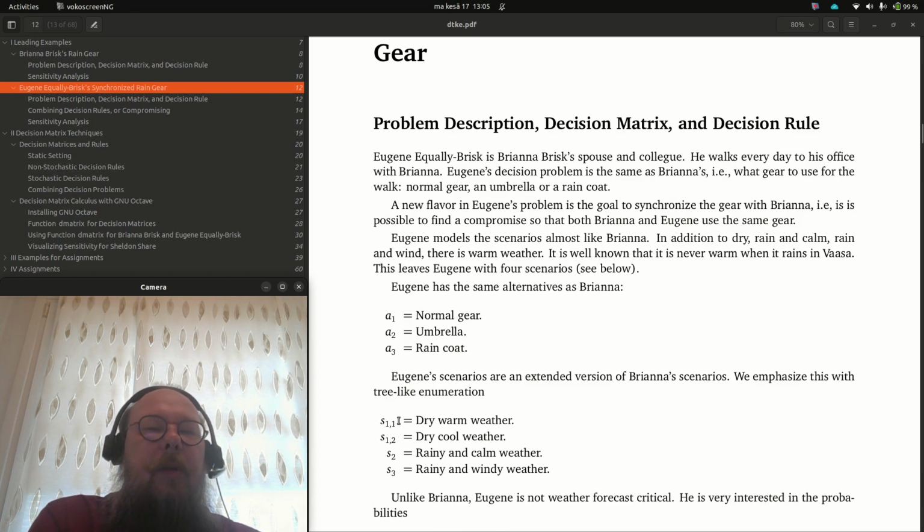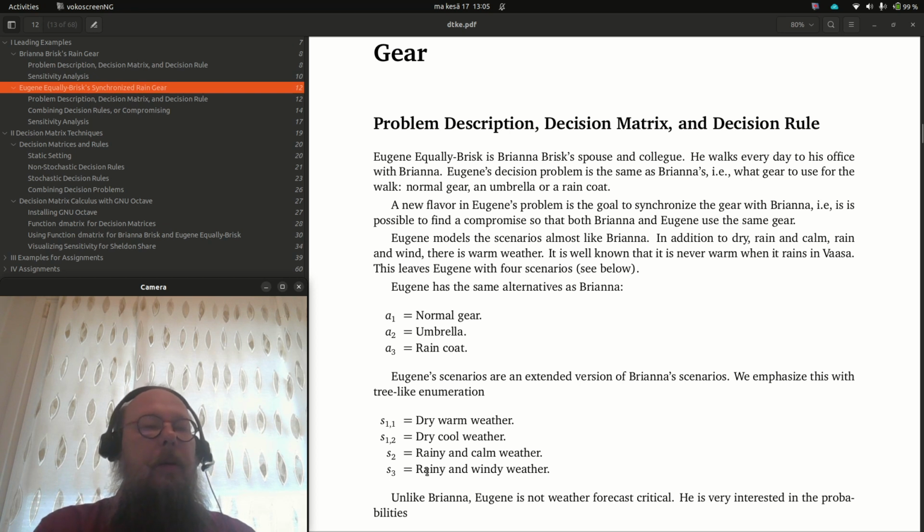So I use here sub-indexes. S11 is dry and warm weather, S12 is dry and cool weather. So the S1 is split into two scenarios. This was just S1 for Brianna, but for Eugene it's S11 and S12. And then S2 is the same as Brianna's, rainy and calm weather, and S3 rainy and windy weather.